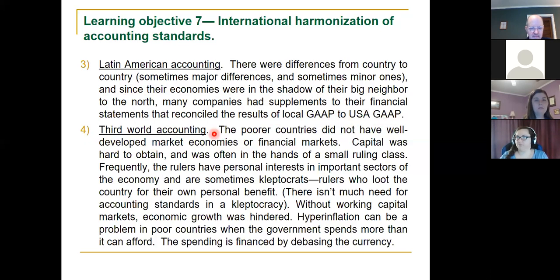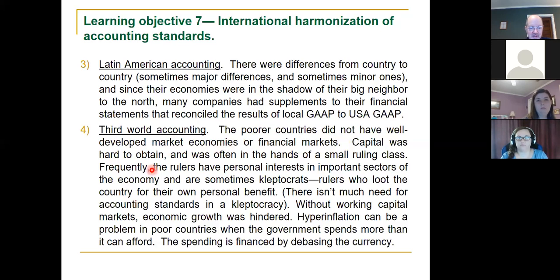Third world accounting. The poor countries did not have well-developed market economies or financial markets. Some people argued about whether that was the chicken or the egg. Were they poor because they didn't have market economies, or did they not have market economies because they were poor?